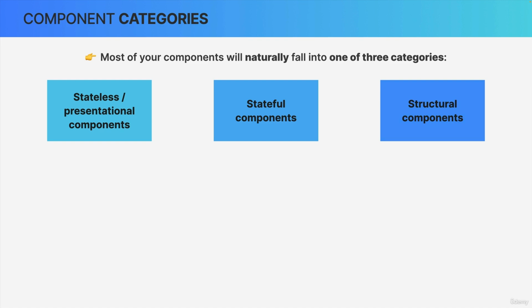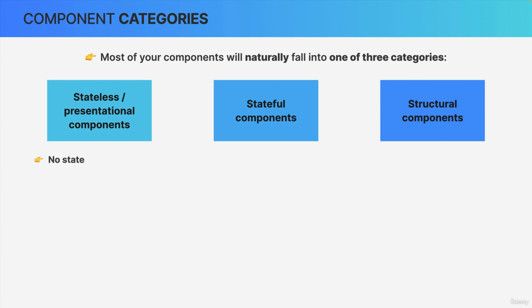Now, these are all still normal React components in our code, so just like the ones that we have been writing, but we can categorize them in this way when we think about components. There are also other categories that could be used, but I think that these make the most sense. So, starting with stateless or presentational components, as the name says, these don't have any state.